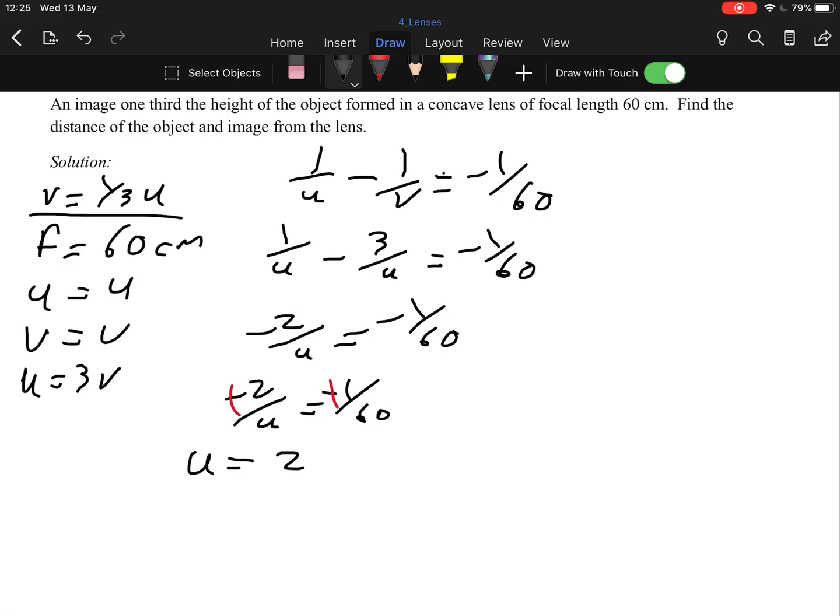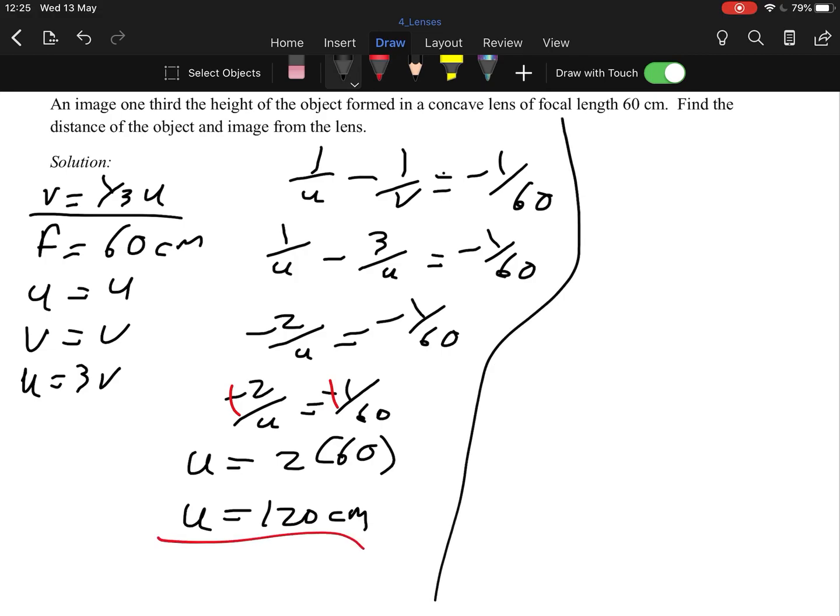Sorry, I meant to get rid of the minuses there. So u equals 120 centimeters. That's my object distance.